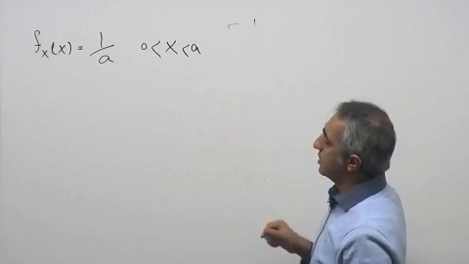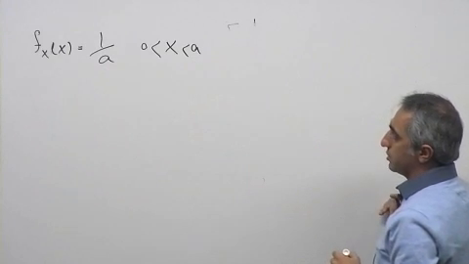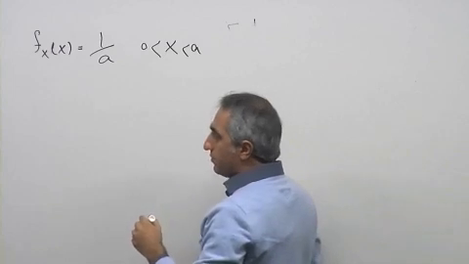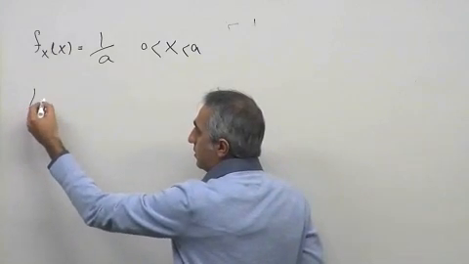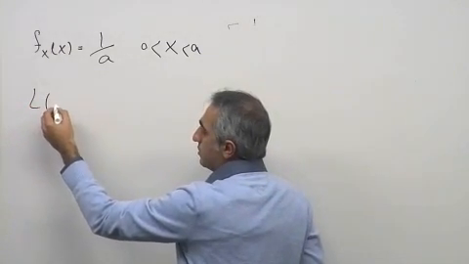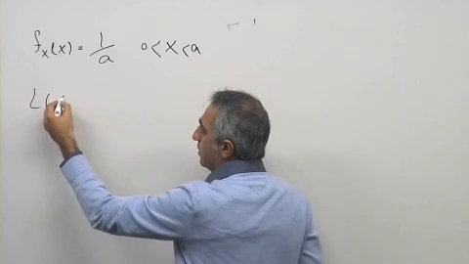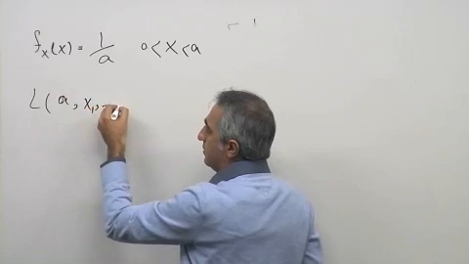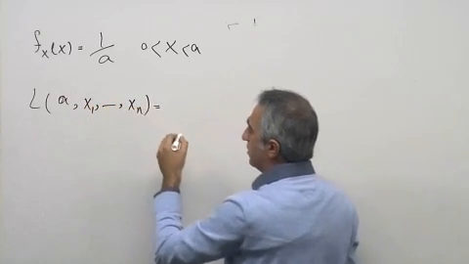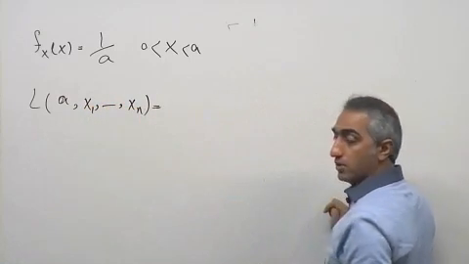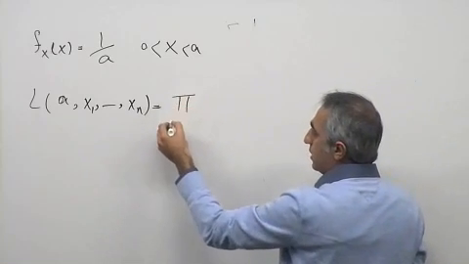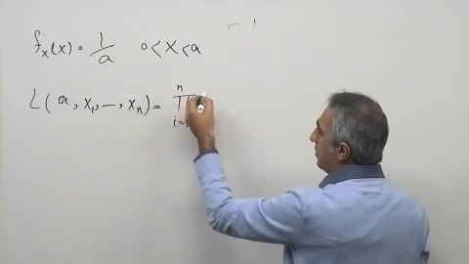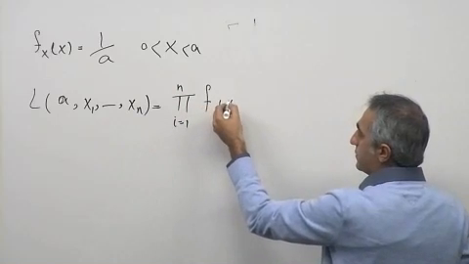Let me start with the likelihood function of A given sample x1 to xn. What is the definition of the likelihood function? It's the multiplication of PDFs.